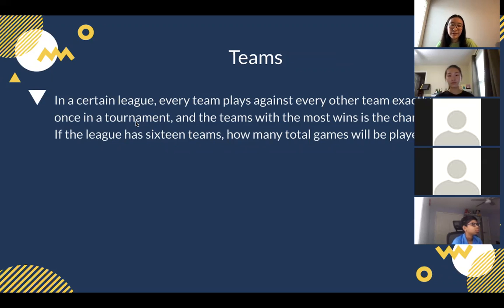Whether it's the first one where you add it, or the second one where you use the formula, or the third one where you use combinations.